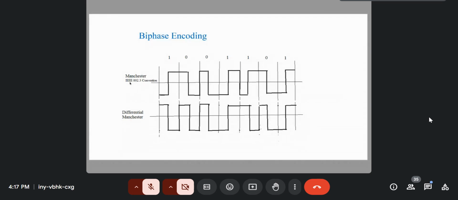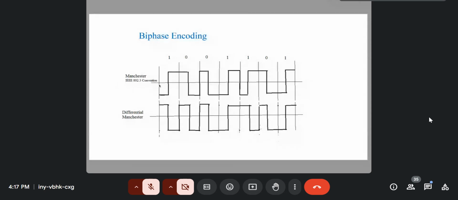So the Manchester used by Ethernet, whether it is Ethernet or Fast Ethernet, is this Manchester IEEE 802.3 convention. I think it got its name from Ethernet, since IEEE 802.3 is a committee of IEEE that was dealing with that particular protocol.